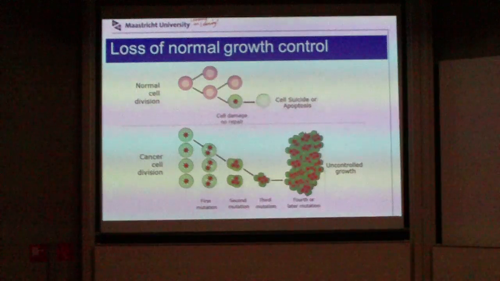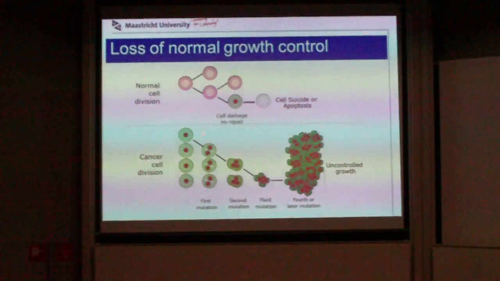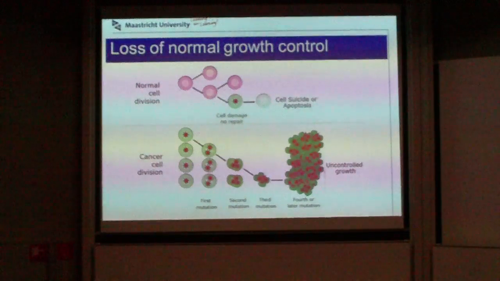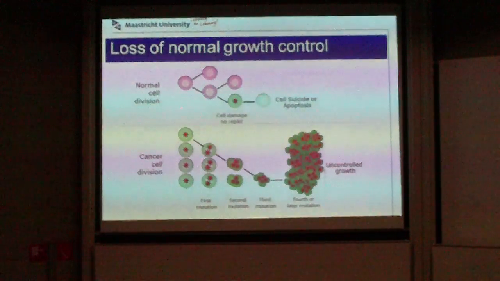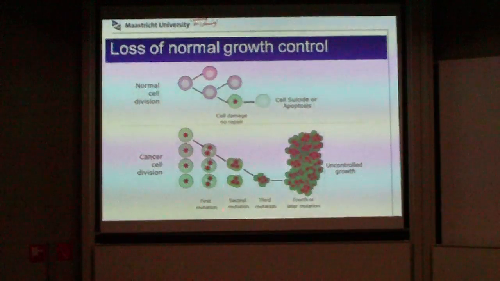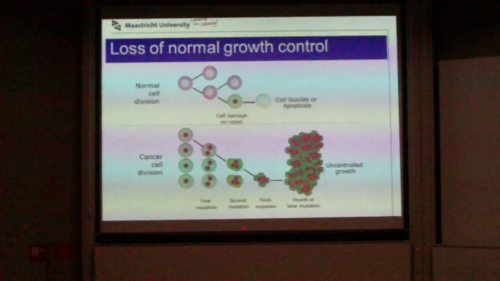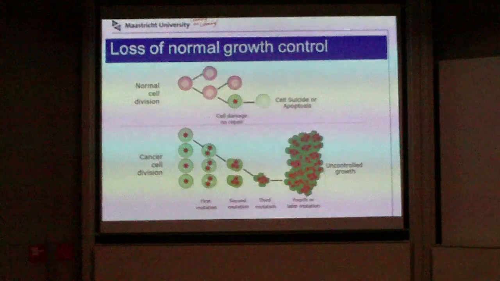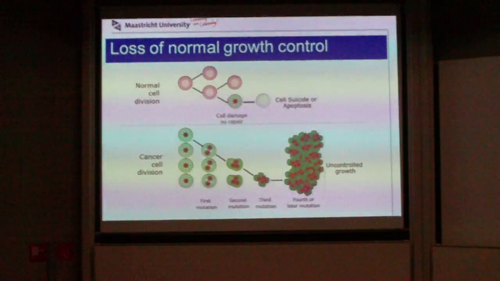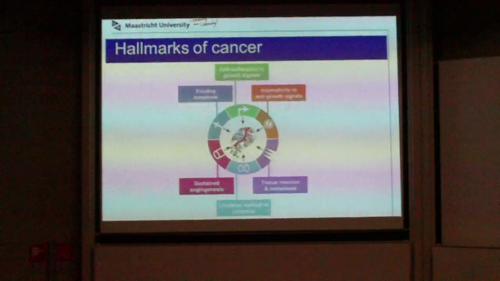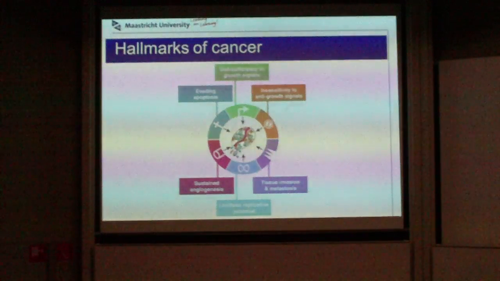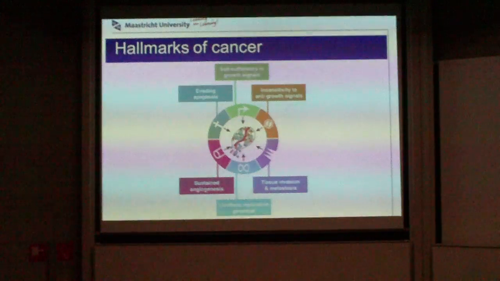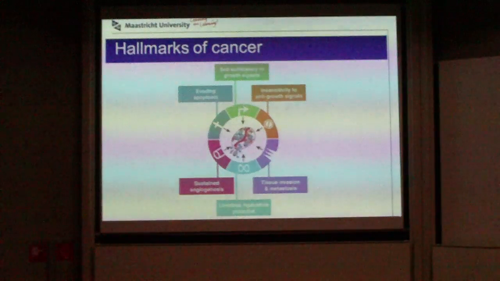But if this one nasty cell escapes all these defense systems and starts dividing, and accumulates maybe another mutation or a second or a third, then an uncontrolled cell division can be really out of control and result in a tumor.